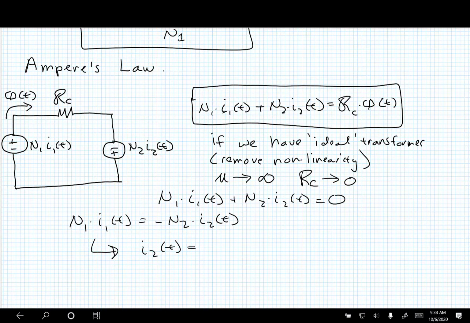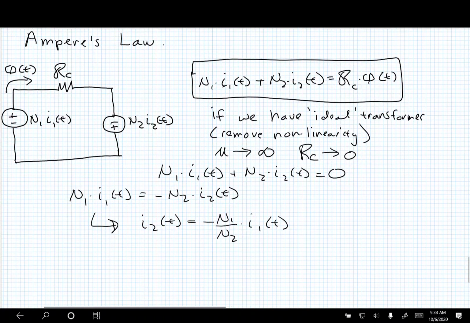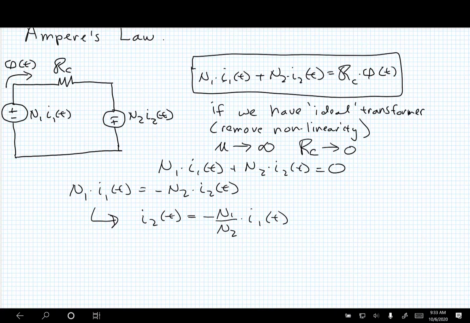It's going to be negative N1 over N2 times I1 of t. Or we could say that I1 of t is equal to the negative of N2 over N1 times I2 of t, the secondary current.